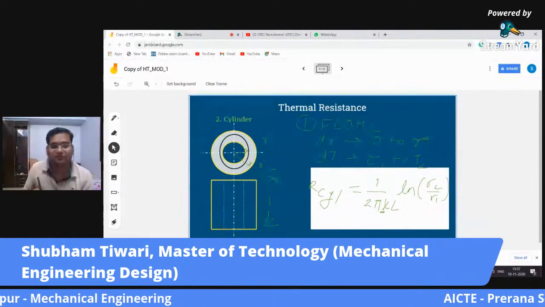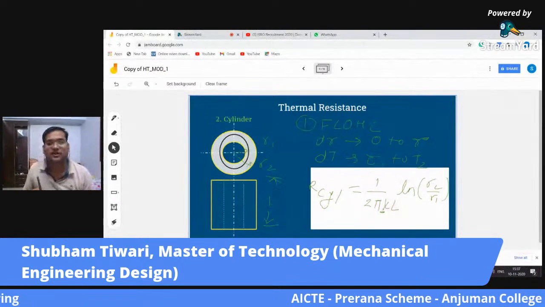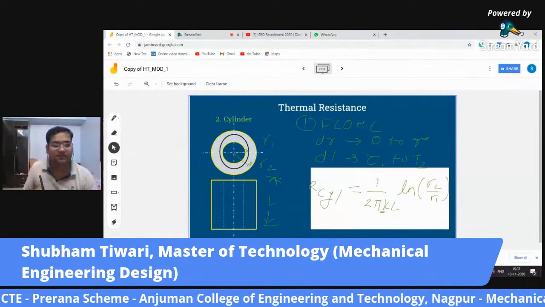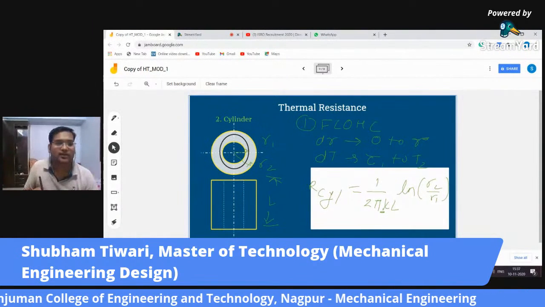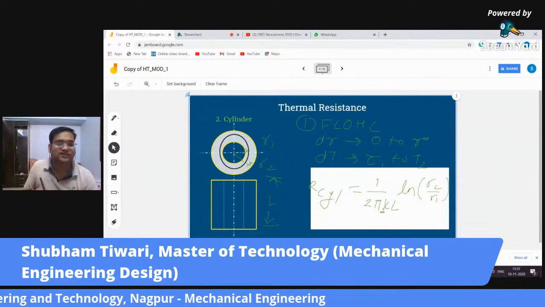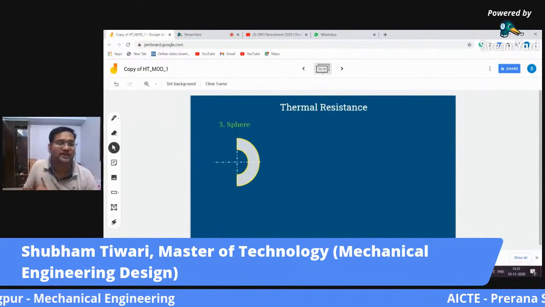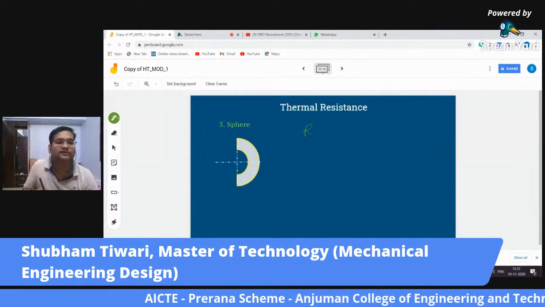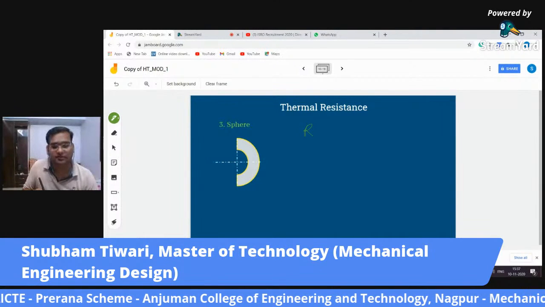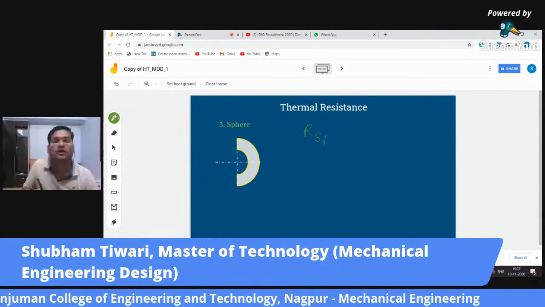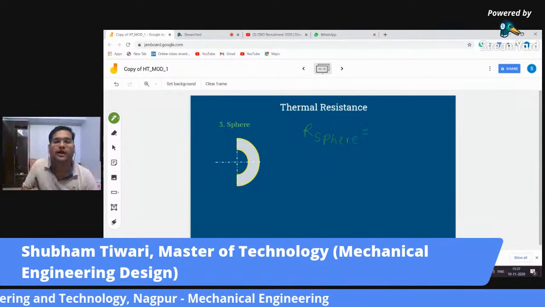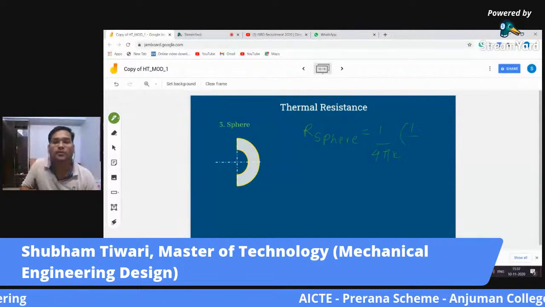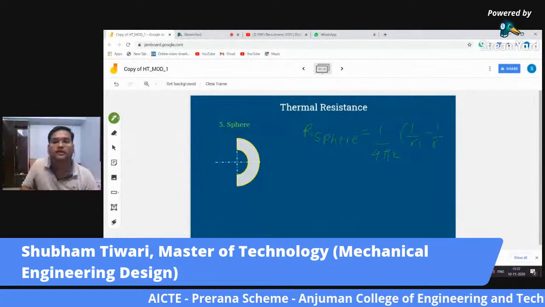But I will say that you must prefer books. There are some good books like Rajput and Domkundwar, and there are some good resources available on the net as well. Refer to those and derive this for the cylinder, and then also derive it for the sphere, because we can save our time here and we have a lot of other stuff to look at as well. In a similar way, if you solve this for a sphere, you will find that R sphere is equal to 1 upon 4 pi K times (1 upon R1 minus 1 upon R2).